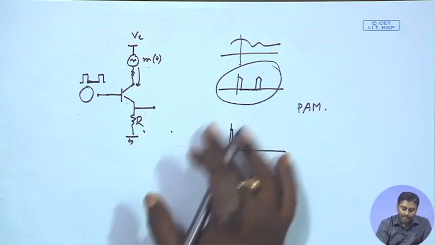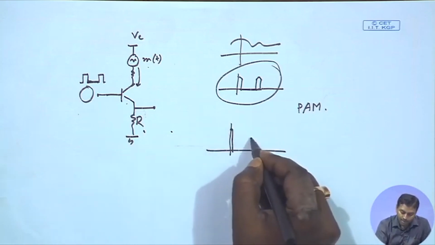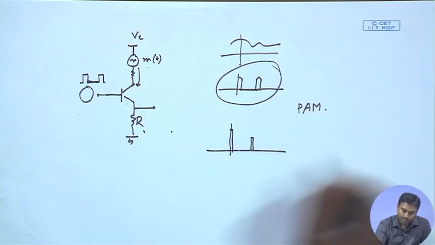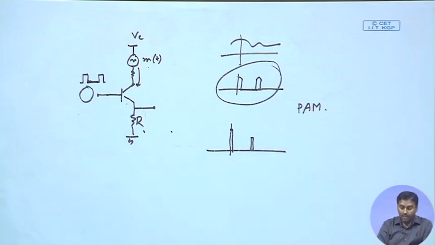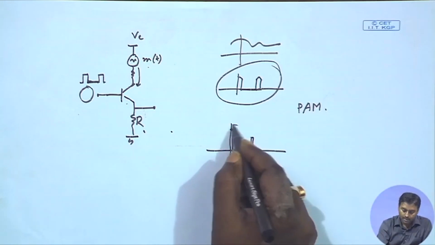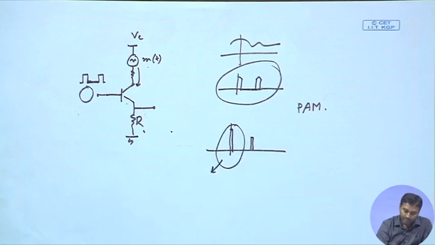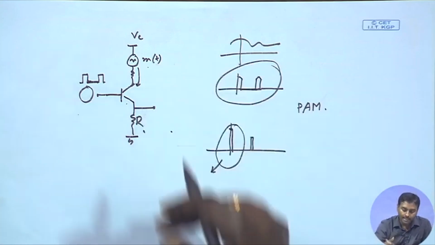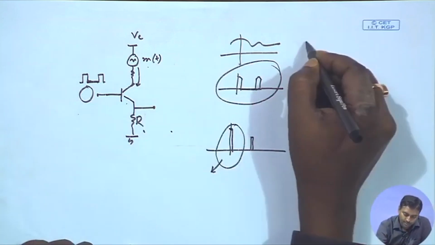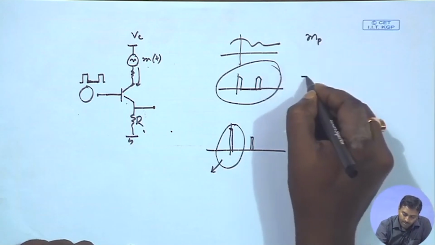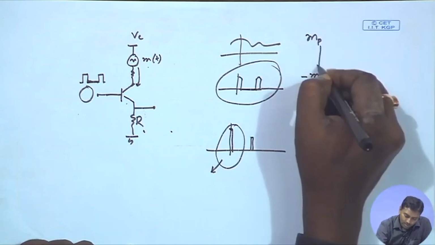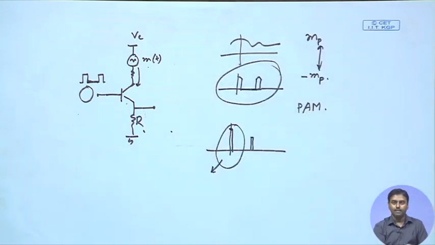So, if this is the pulse modulation that I get, this particular pulse has an amplitude at that particular instance. Let us say my message signal has an amplitude range. It varies from plus mp to minus mp. So, that is the overall range of amplitude variation.